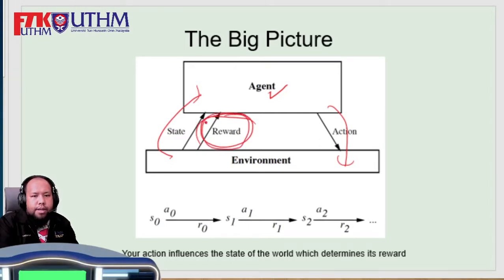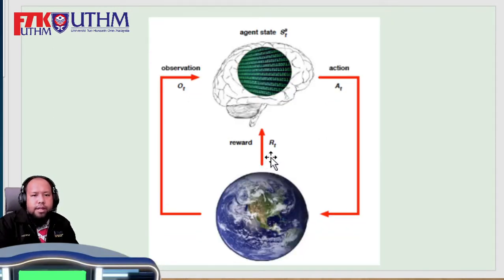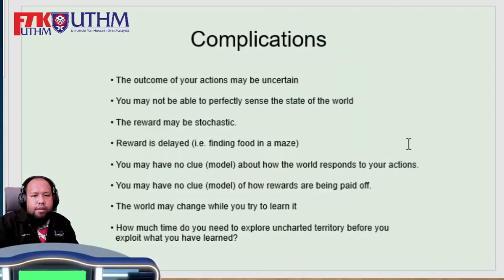Reward ni yang menyebabkan your agent ni could learn new things about their environments. Okay, so basically kat sini cakap your action influences the state of the world which determines the reward. Ni samalah case macam ni kan, cuma gambar dia lain sikit.